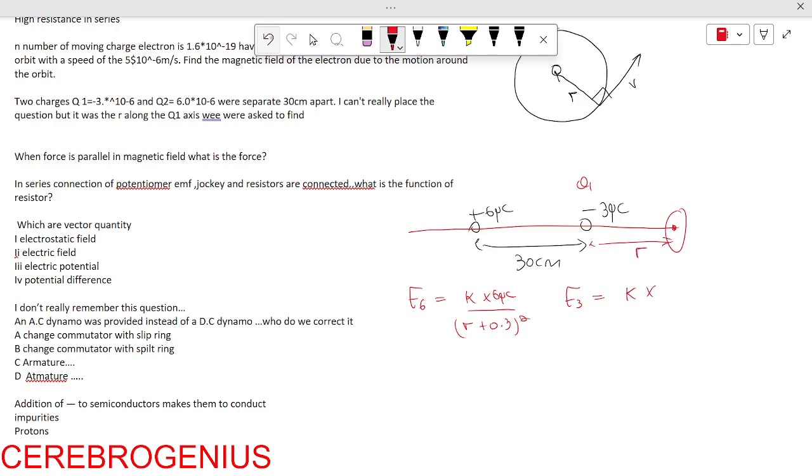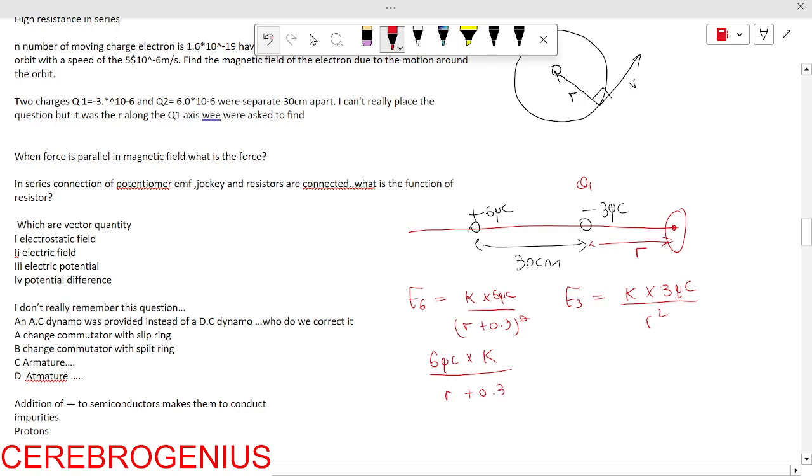KQ over R squared also, but its own distance is just R. Okay, so equating the two values, you have 6 microcoulomb times K over (R plus 0.3) squared equal to 3 microcoulomb times K over R squared.